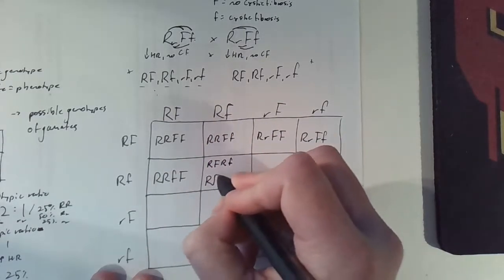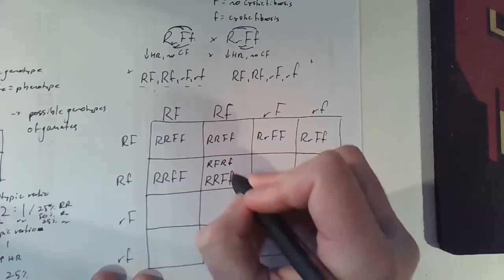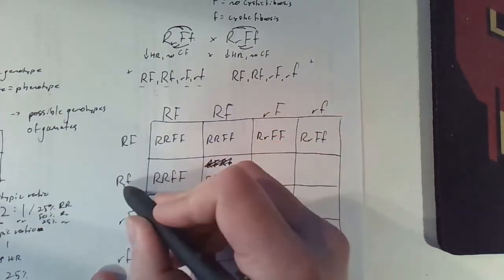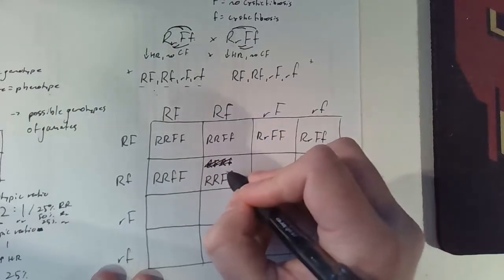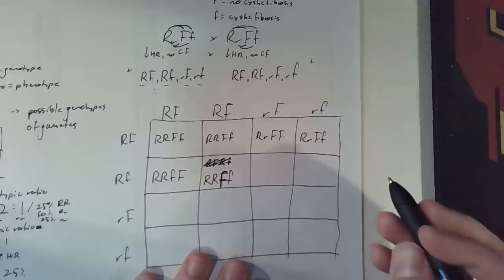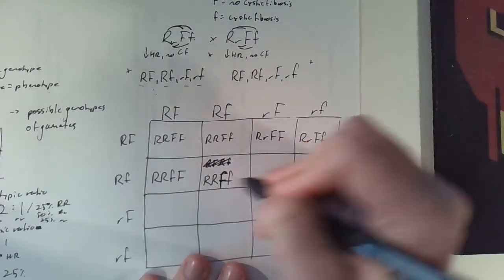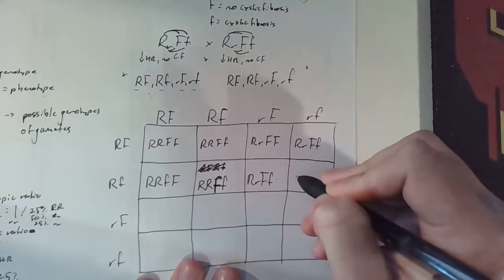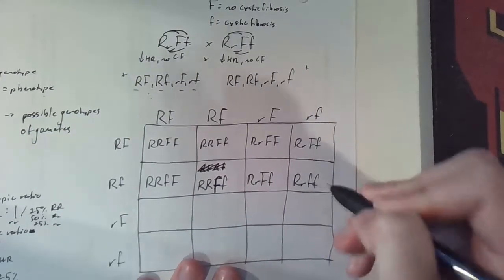So this should actually be written as big R, big F, little f, not big R, little f, big R, little f. In fact, I actually did mess that one up. So again, I've got big R, big F, little f, and this is a big R, little f, little f.